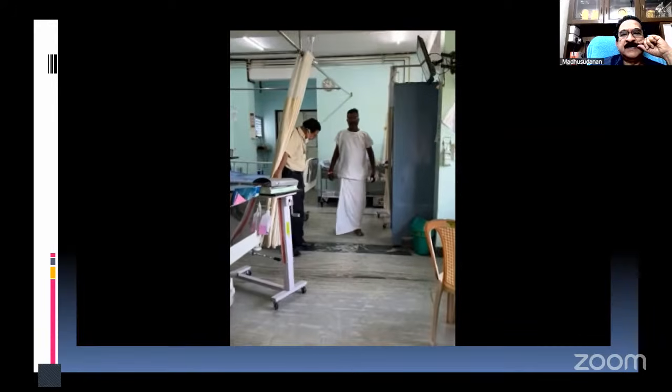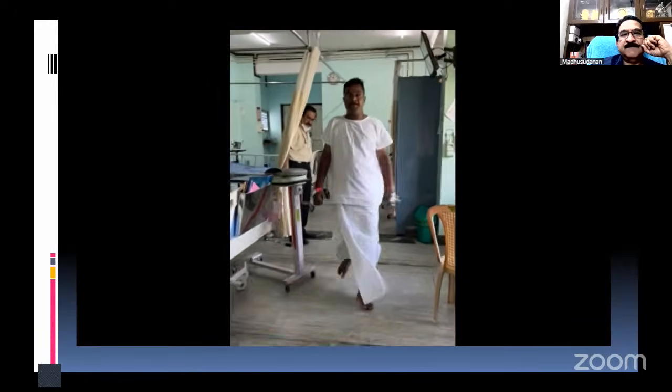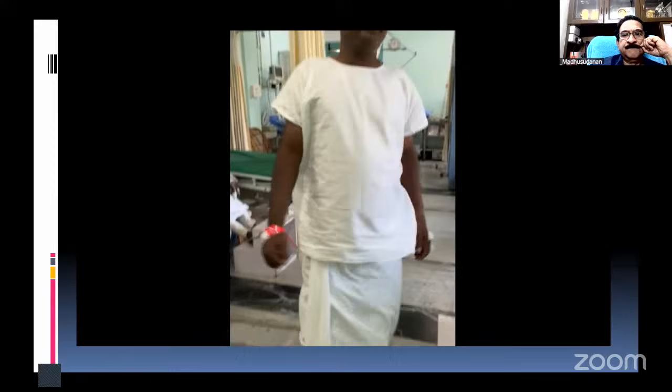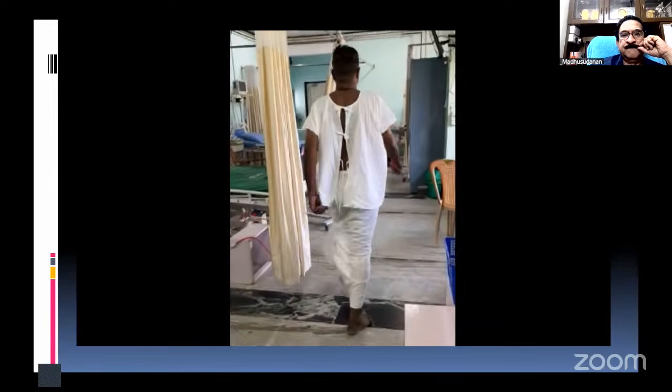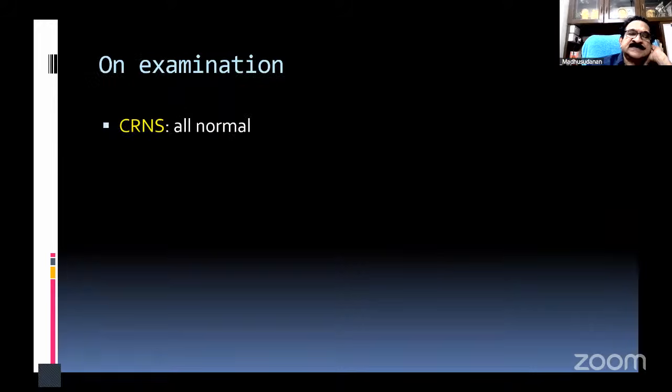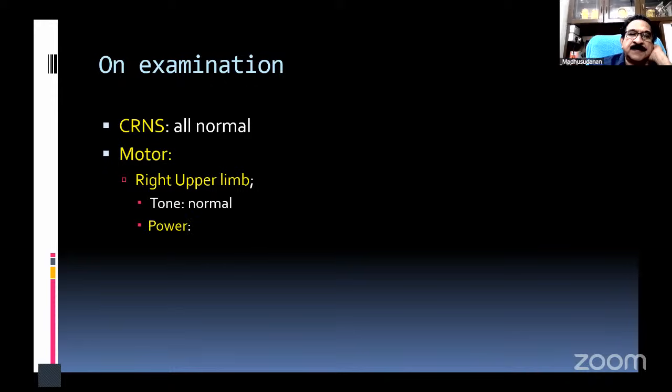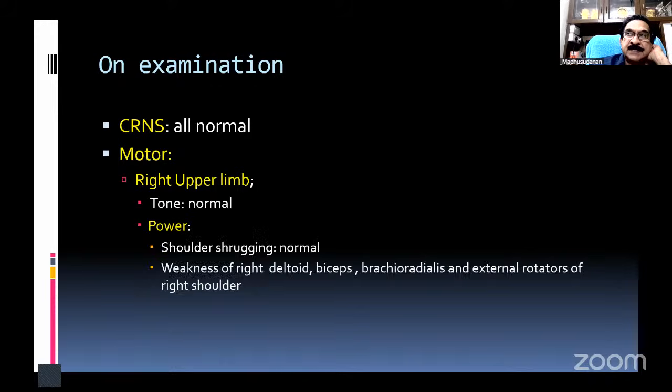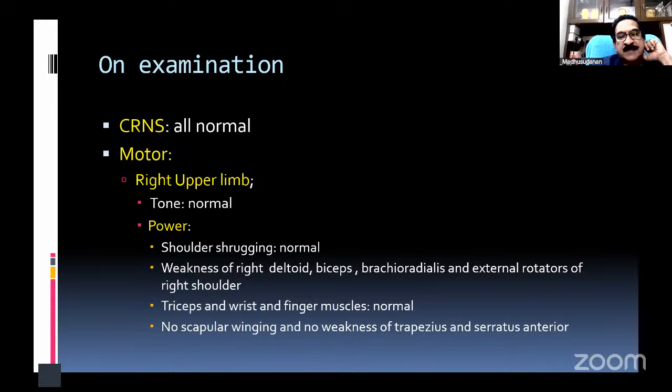He walked without any spasticity, normal walking. Examination, all scales are normal. Motor right upper limb, tone normal. Power, shoulder shrugging normal. Weakness of right deltoid, biceps, brachioradialis, external rotators, right shoulder. Triceps, wrist, finger flexion is normal. No scapular winging, no weakness of trapezius, serratus anterior.